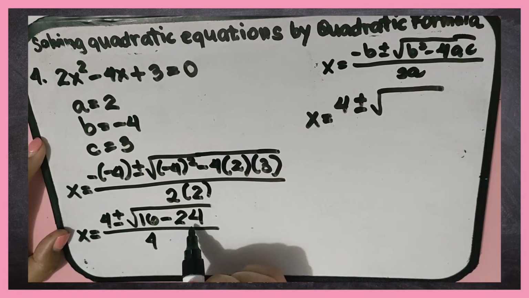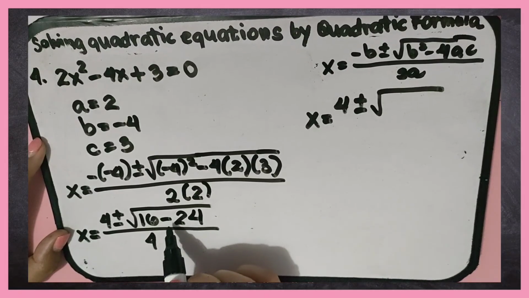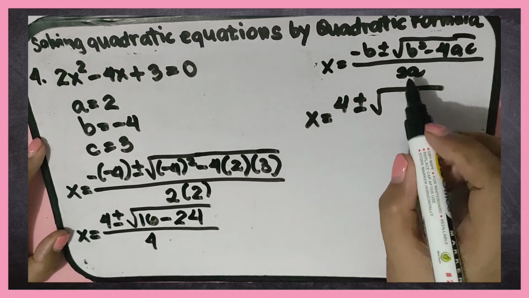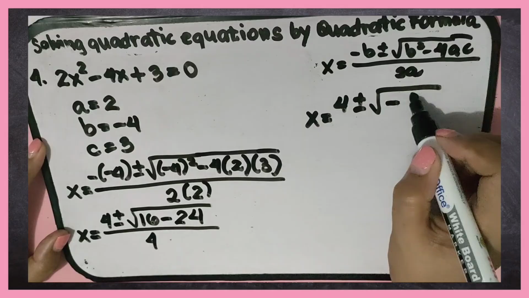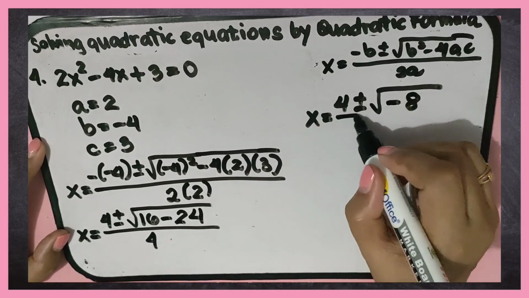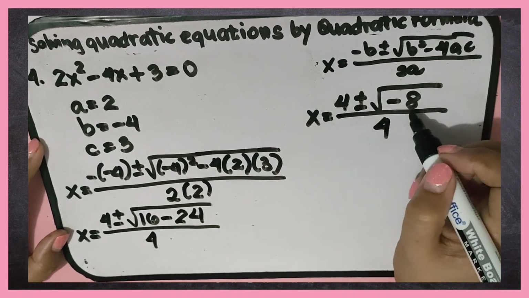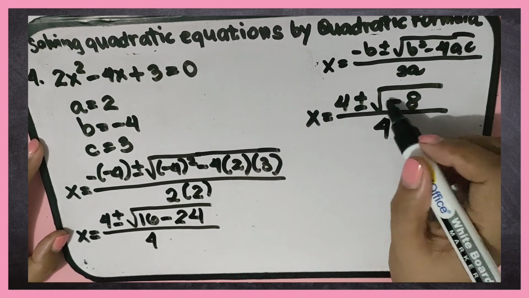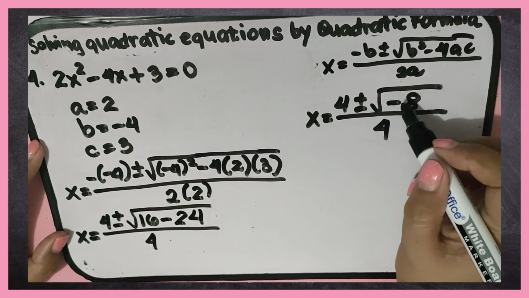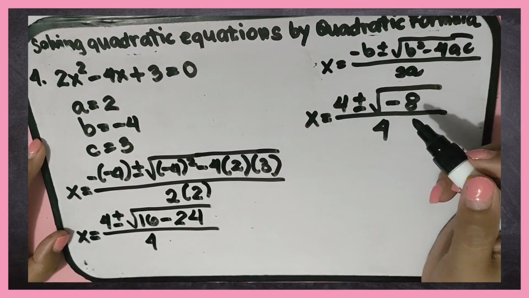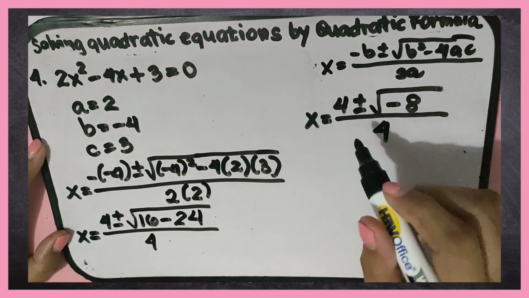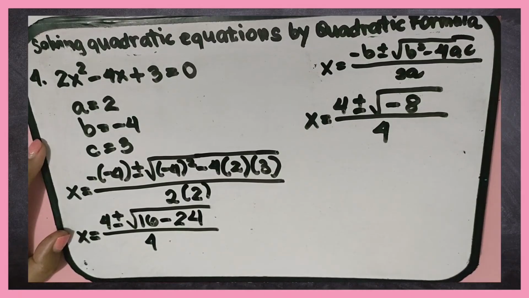Then, tingnan natin kung alin ang mas mataas, of course, and that is 24. Then the sign is negative. So we have negative 8 over 4. Pag nagkaroon tayo ng negative dun sa radicand or inside the radical sign, it means our equation has no real roots or solution.